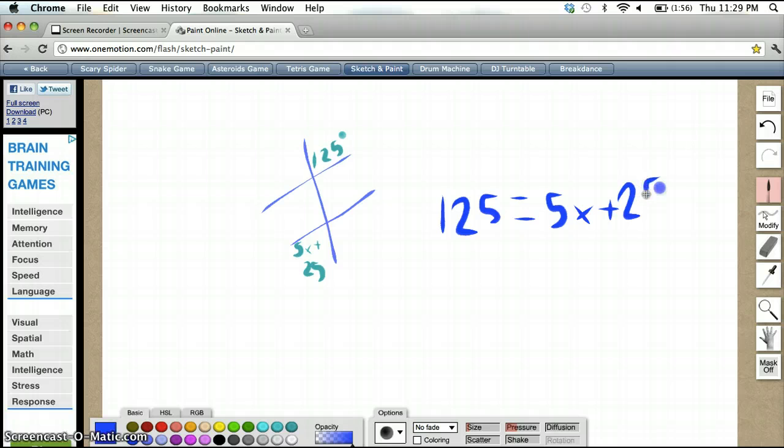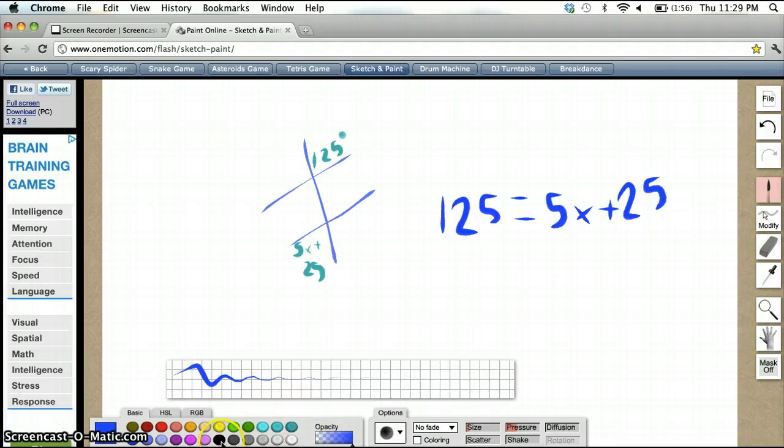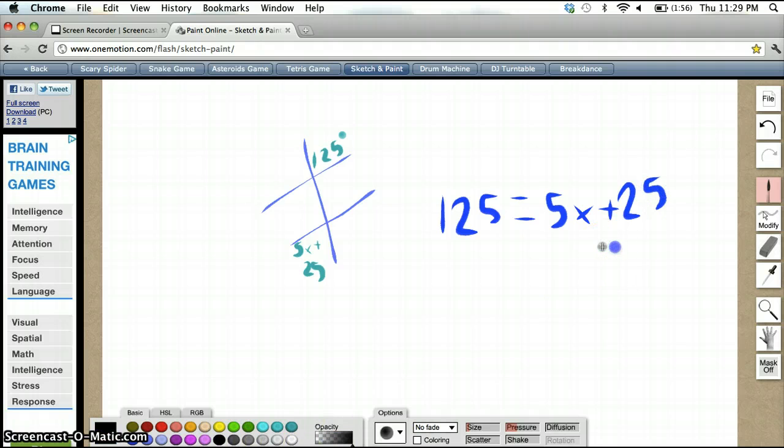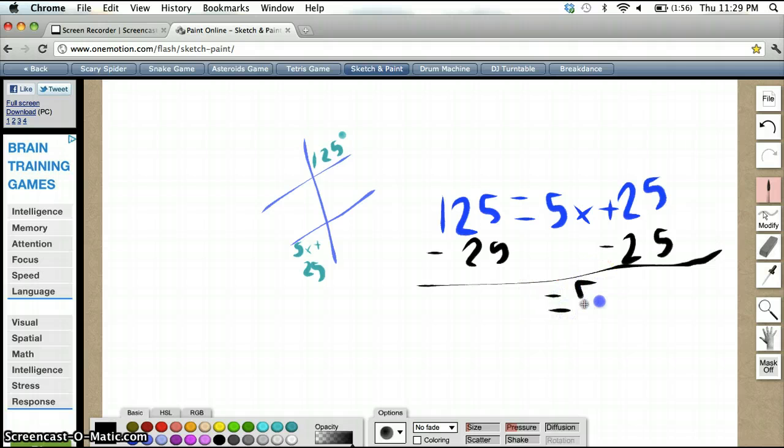We want to get x by itself, so we subtract 25 from both sides and get 5x equals 100 degrees.